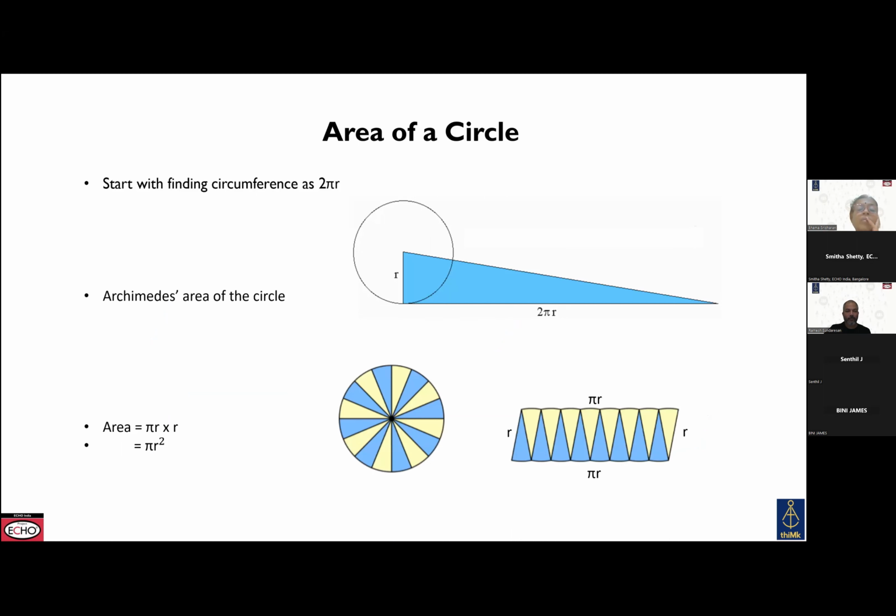This is something we have seen with Bama's presentation also. We always start with measuring. The most important thing in the circle is to find the ratio of the diameter to the circumference.